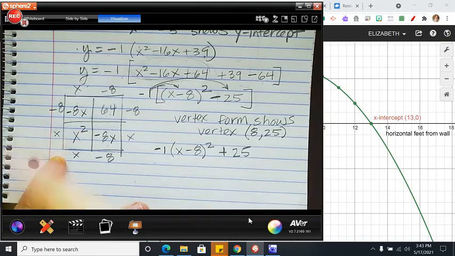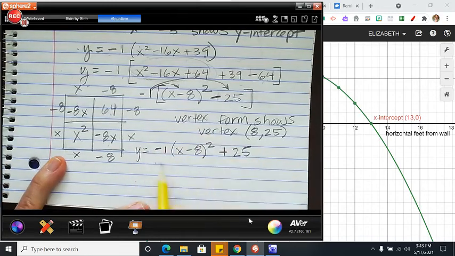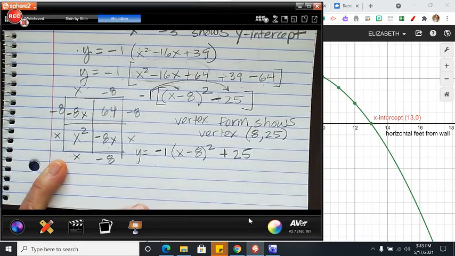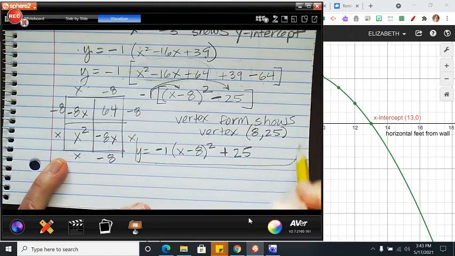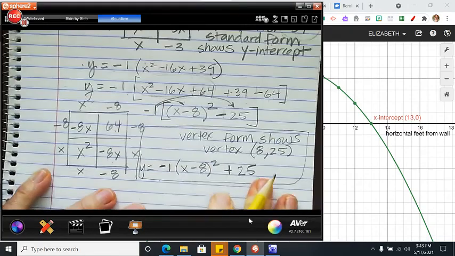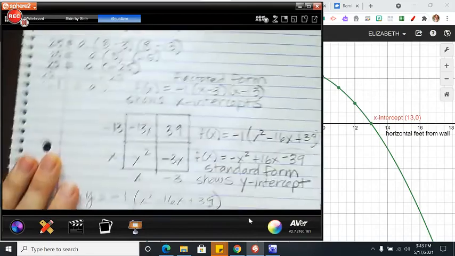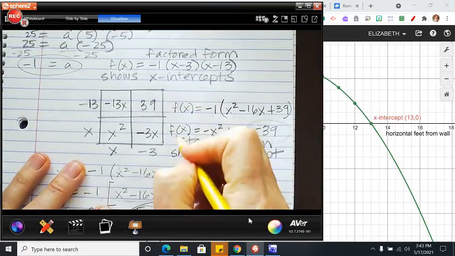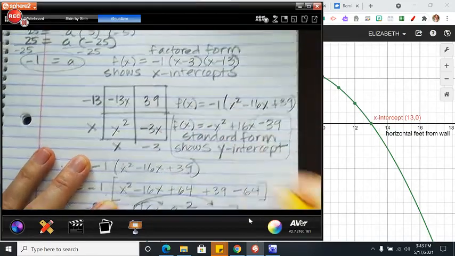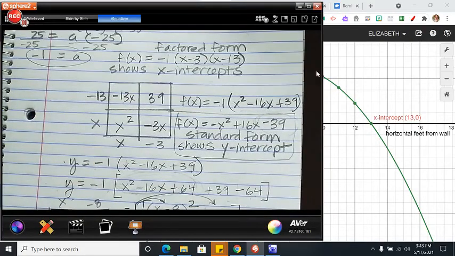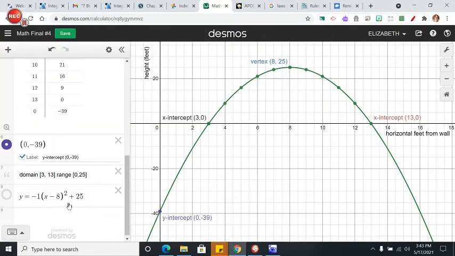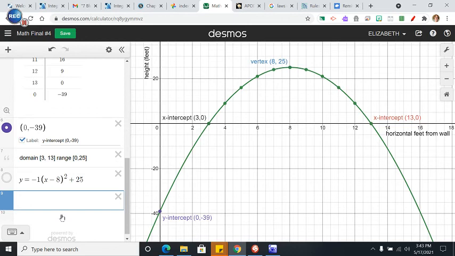And if you type in this equation, okay, so you got vertex form. You're doing that by completing the square. You've got standard form. If I type in all 3 of those, here's the vertex form. I'm going to type in standard form.